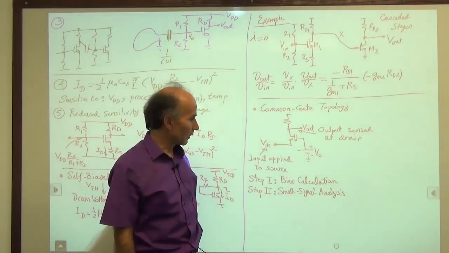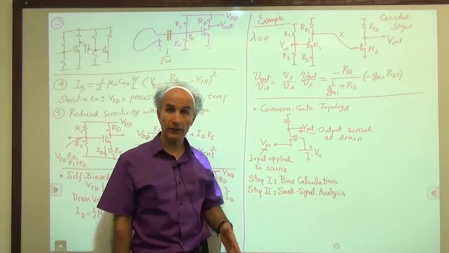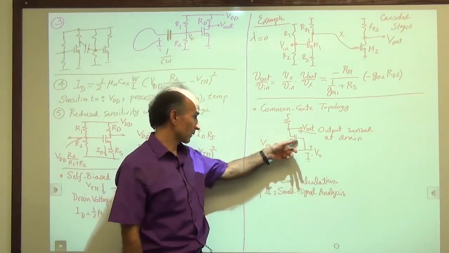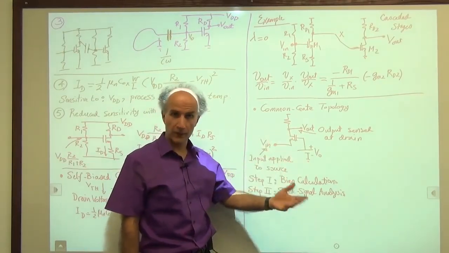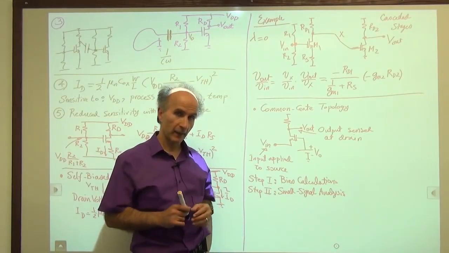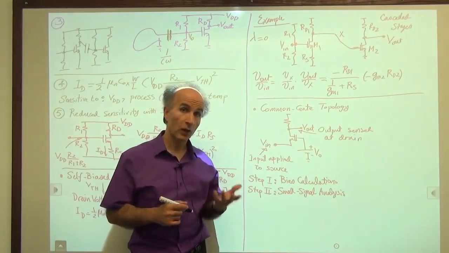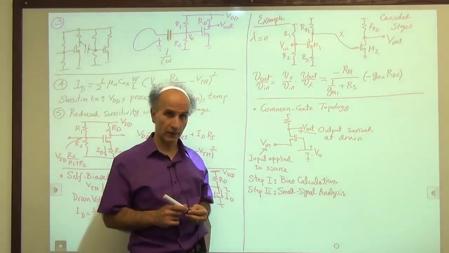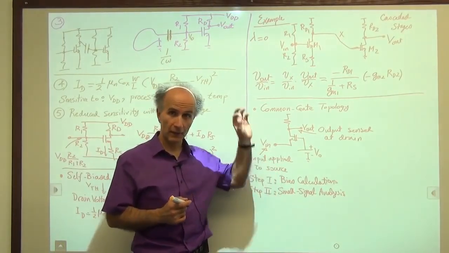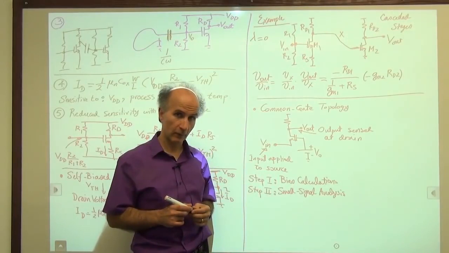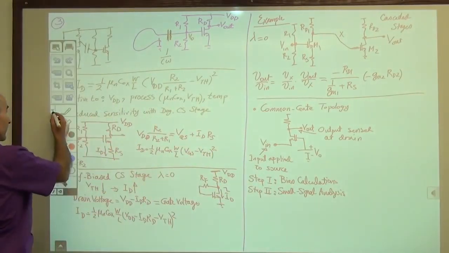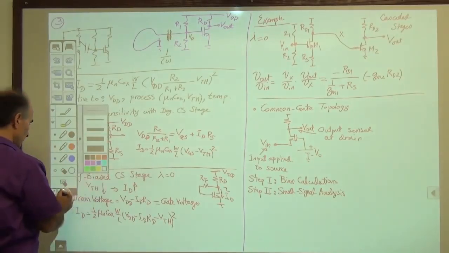Okay, so in the small signal analysis, we would like to find the voltage gain of a circuit. How do we do that? Well, we draw the small signal model of a circuit and proceed, and we will do that, don't worry. But before we jump into that, let's make a simple qualitative observation that tells us something interesting about the stage vis-a-vis the common source stage that we studied before.